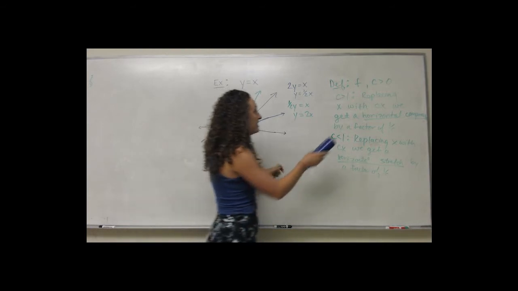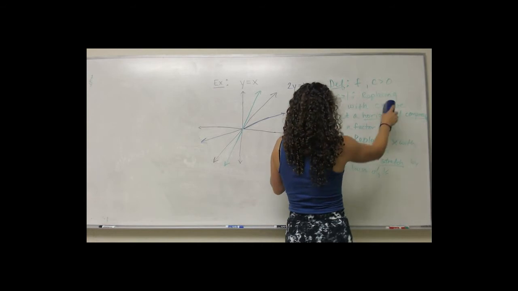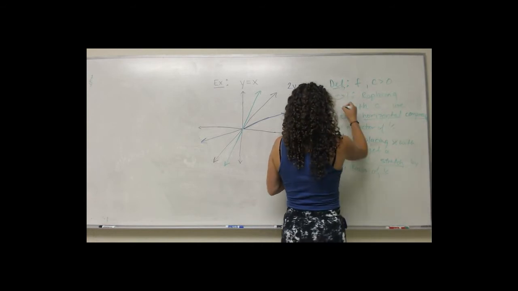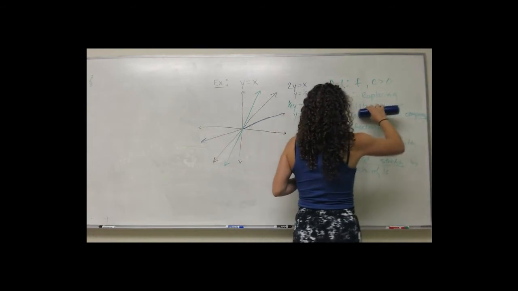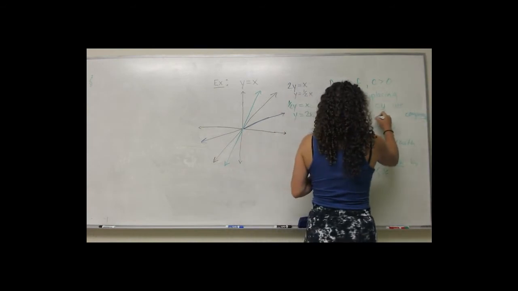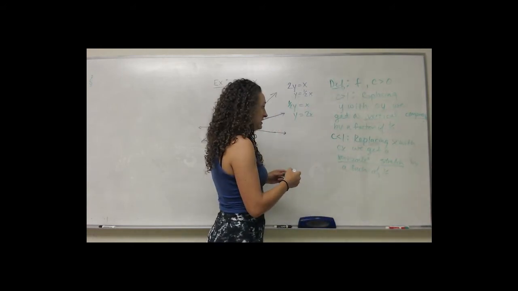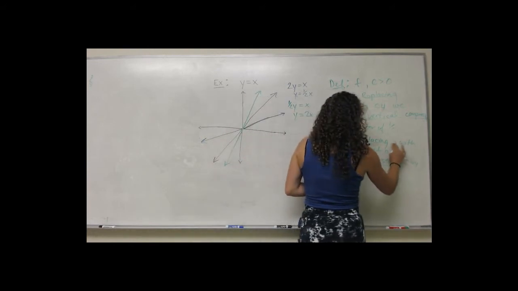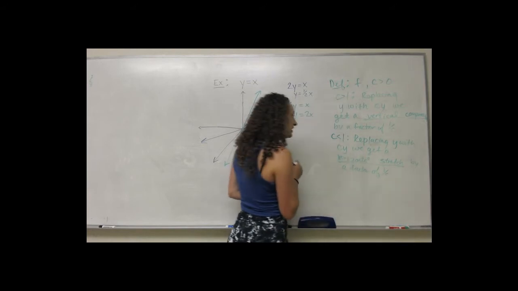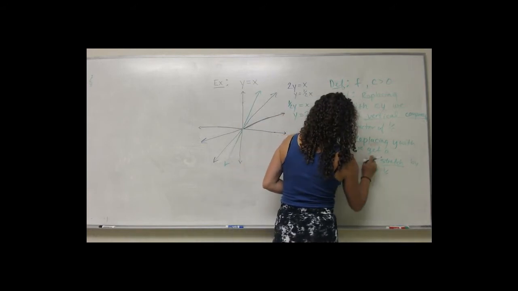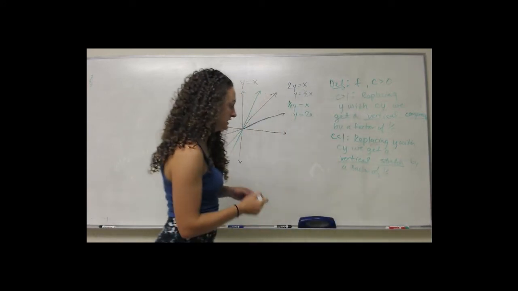So let's rewrite this. Replacing y with cy, for c greater than 1, we get a vertical compression by a factor of 1 over c. And replacing y with cy, for c less than 1, we get a vertical stretch by a factor of 1 over c.